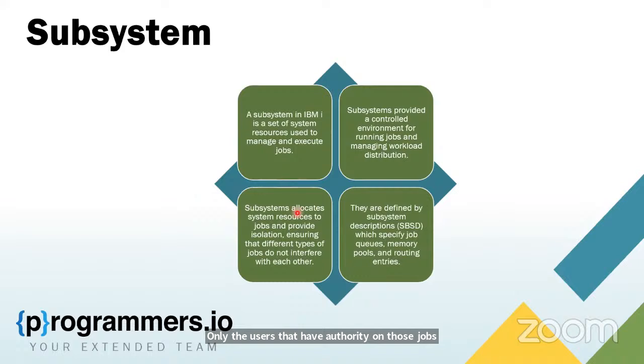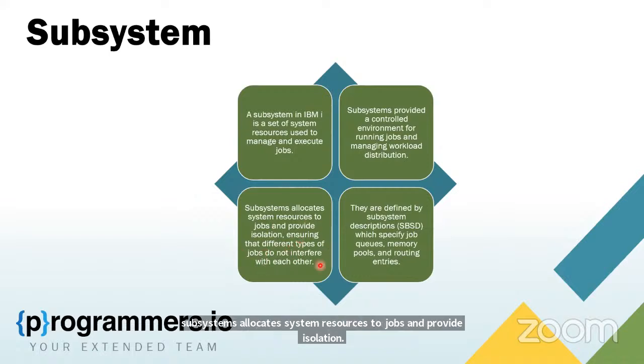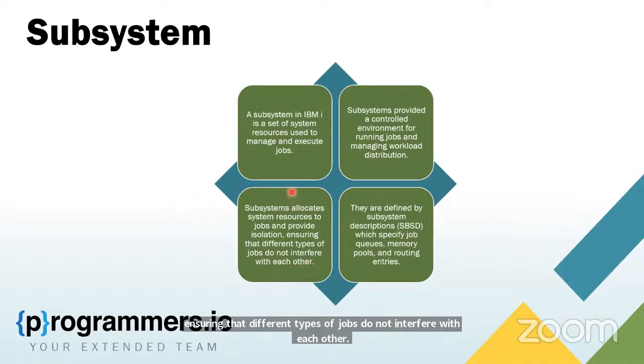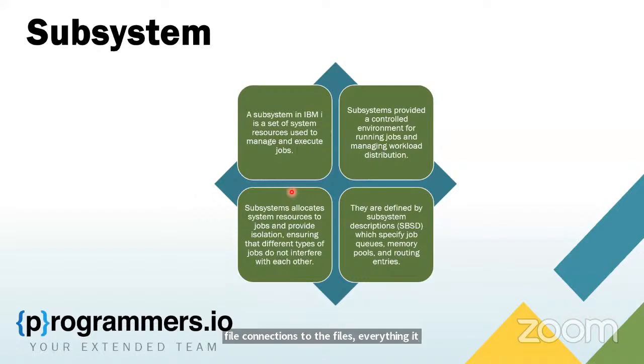Also, subsystems allocate system resources to jobs and provide isolation, ensuring that different types of jobs do not interfere with each other. So all the memory area and file connections to the files, everything it efficiently manages so that the jobs run without any hindrance or clashes with other jobs.